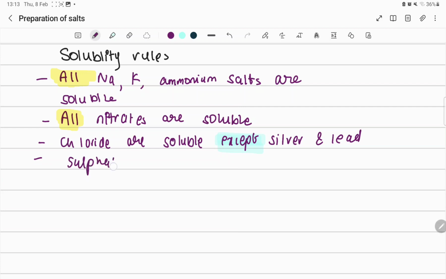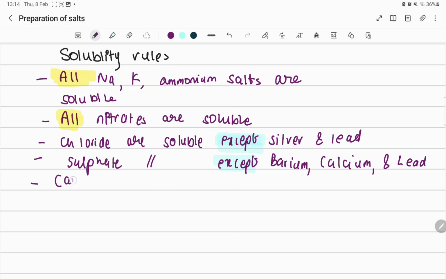They're mostly soluble with the exception of barium, calcium, and lead. Once again, very important. You need to know these exceptions because these are practically your precipitates, your precipitation reactions. So all sulfates are soluble with the exception of barium, calcium, and lead.